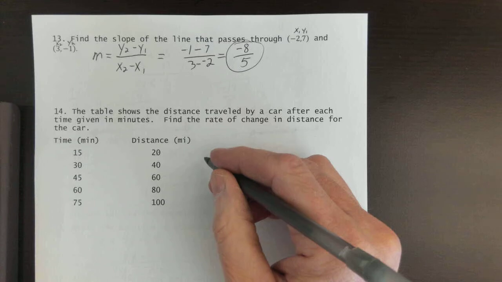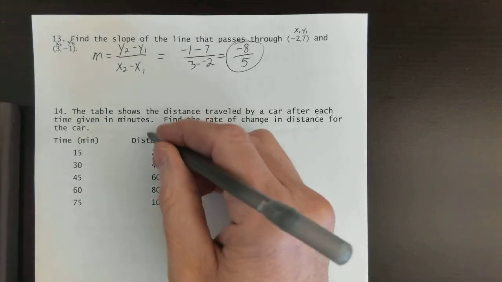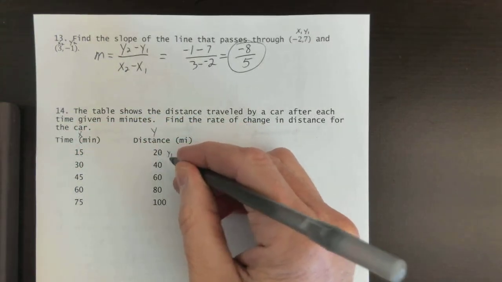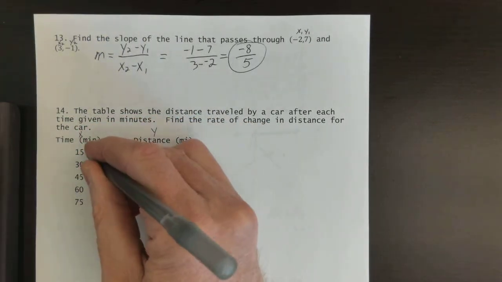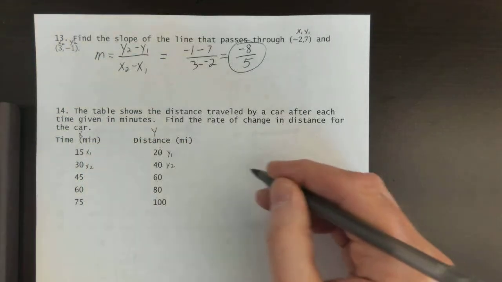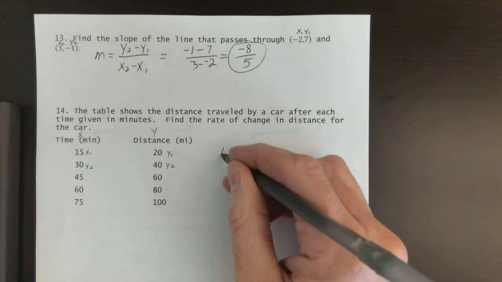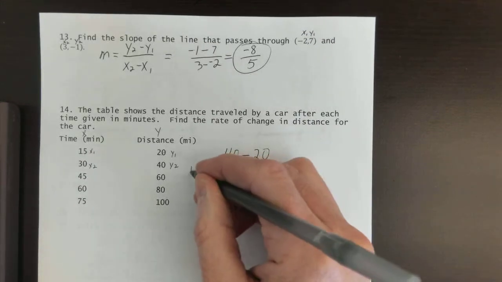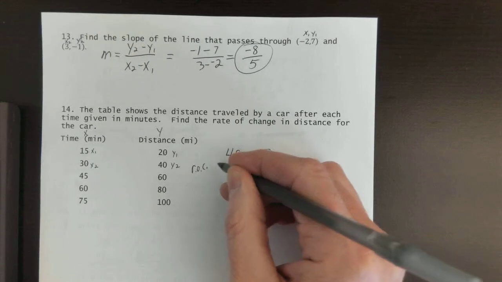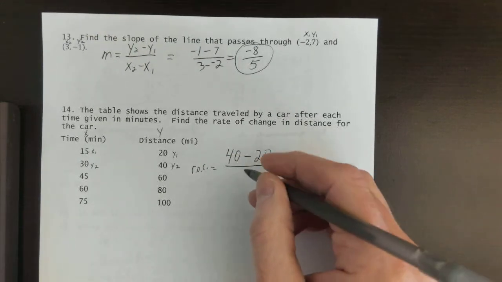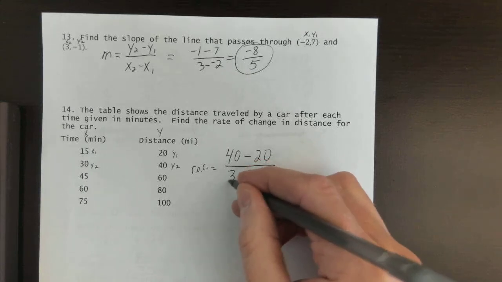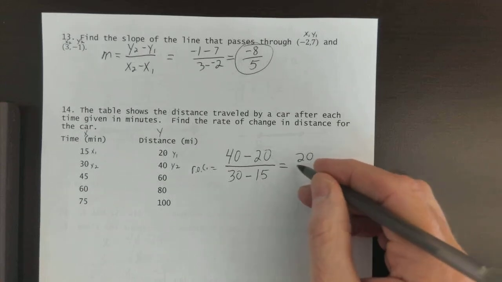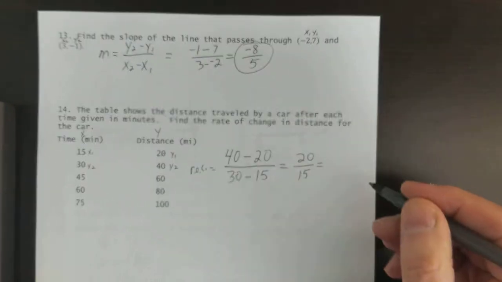So we can do the y2 minus y1. I'll call this the y, this the x, and put y1 here and y2 here, x1 here, x2 here. I'm going to take 40 minus 20, this is the rate of change, over 30 minus 15, and that's 20 divided by 15.